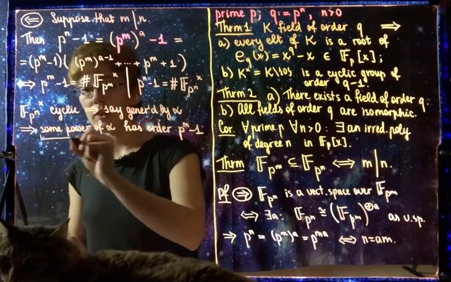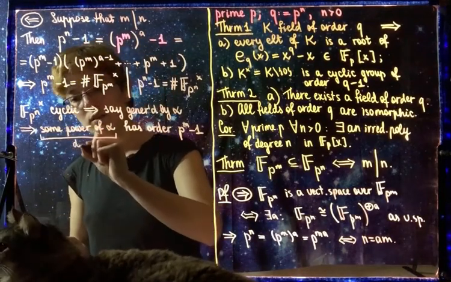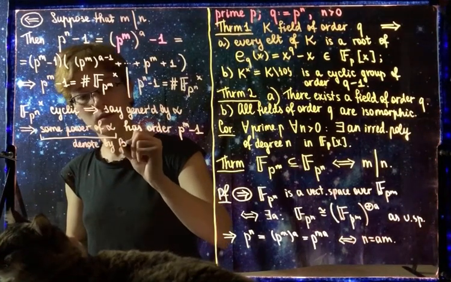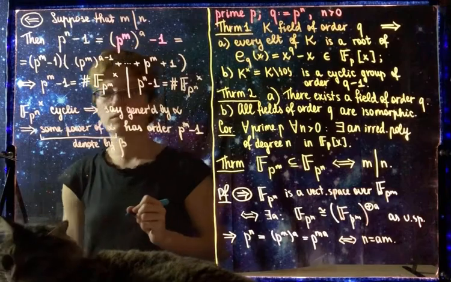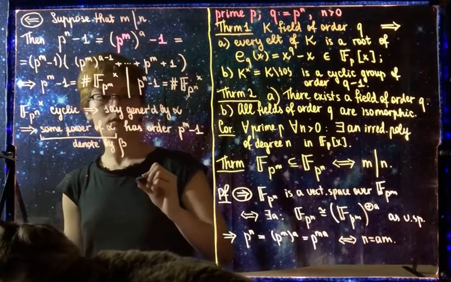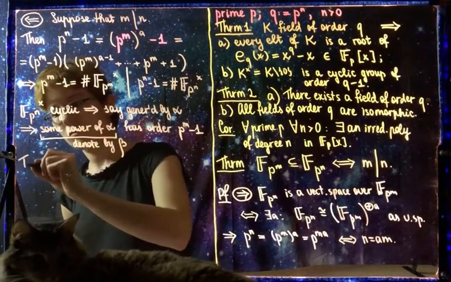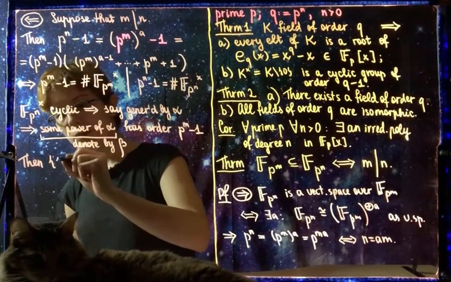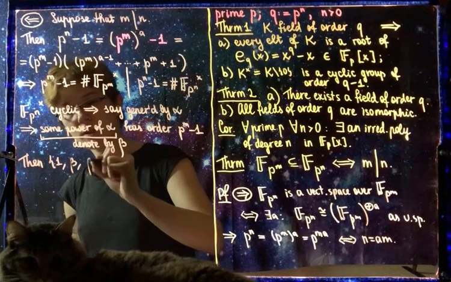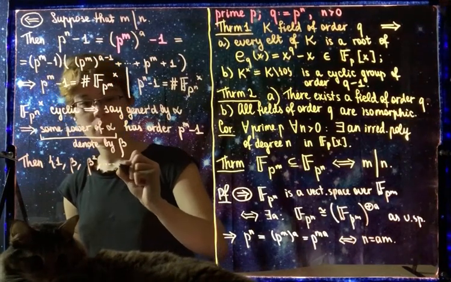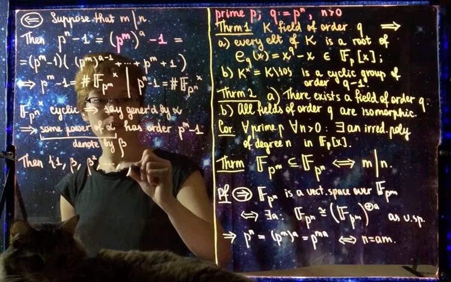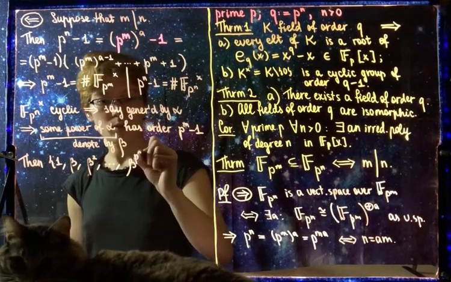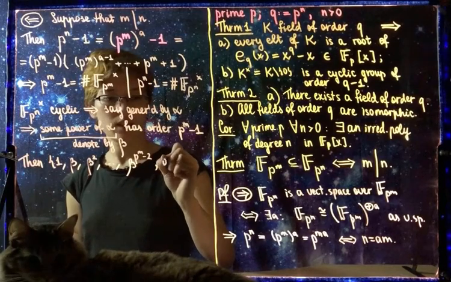So let's say that this is beta. Then the set of elements 1, beta, beta squared, etc., beta to the power p to the m minus 2, and 0.